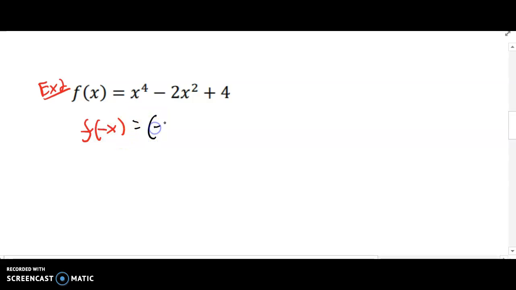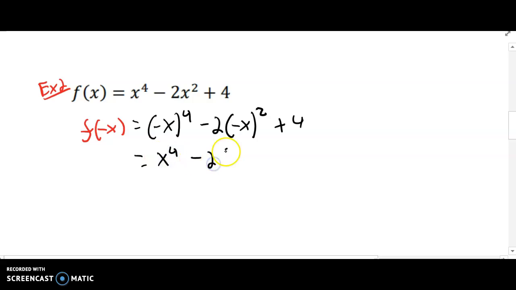So I've got negative x to the fourth minus 2 times negative x squared, and then 4 has no x, so it stays as plus 4. Okay. A negative to an even exponent is always positive. So this is x to the 4. This is still x squared plus 4.